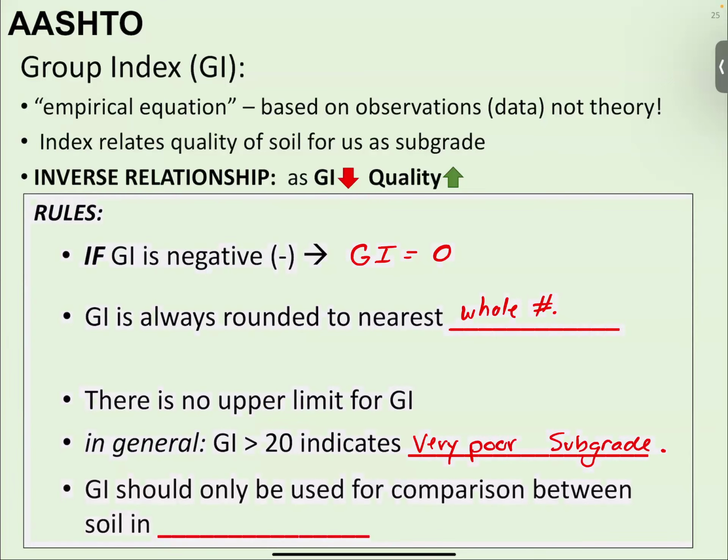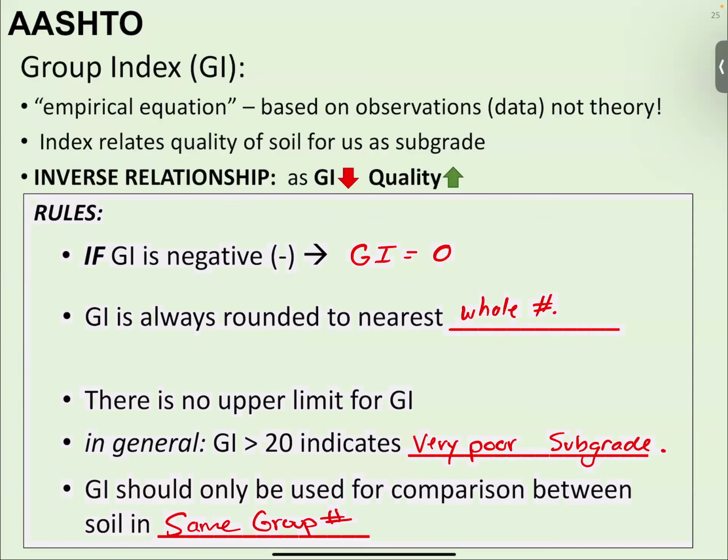GI should also only be used for comparison between soils in the same group number, because remember, we have different GI equations for the different group numbers.